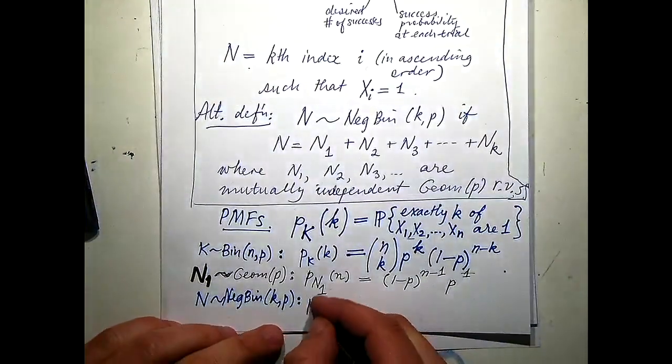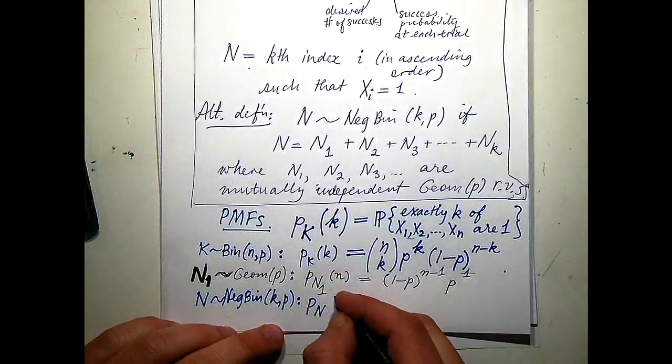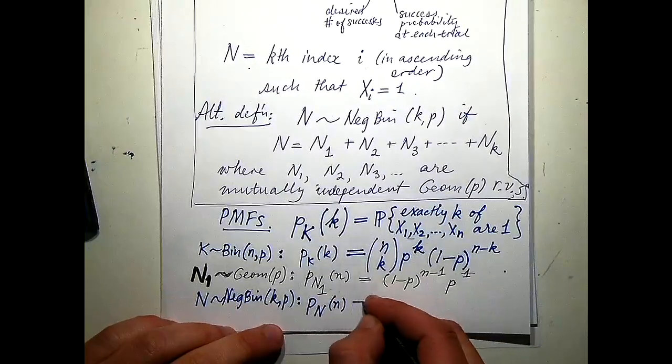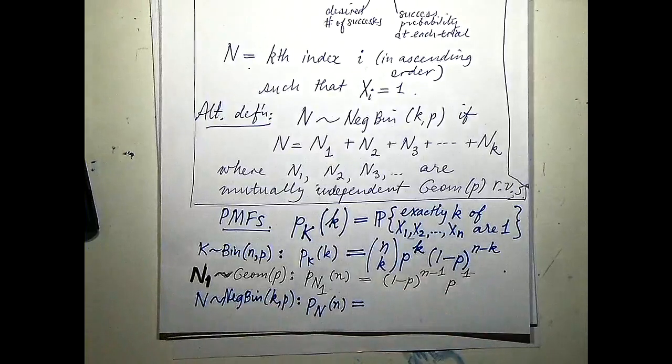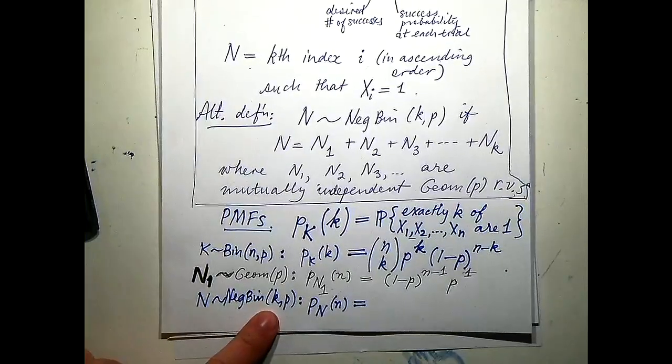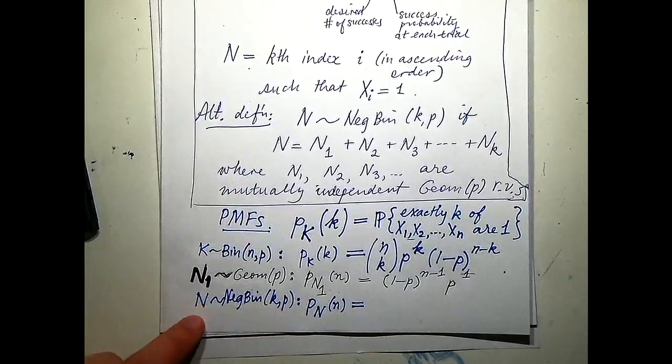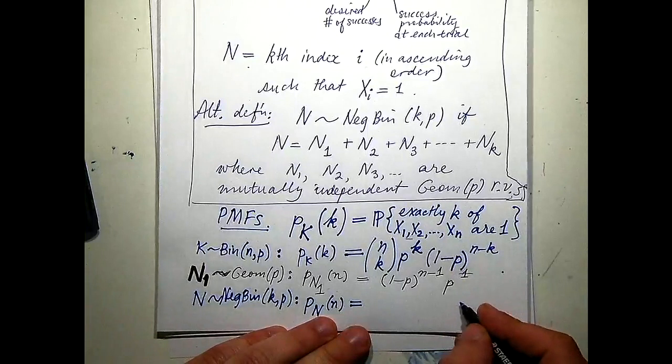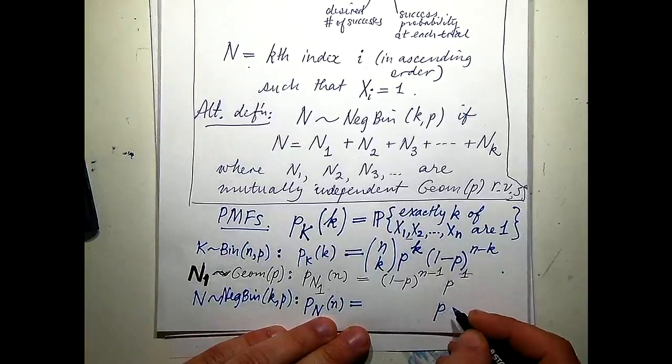So p subscript capital N of n is the probability of getting your kth success on the nth trial. k is fixed. You have to get up to k successes. I wait until that kth success happens, and n is the random number of the trial on which it happens. And so there have to be k successes, right?